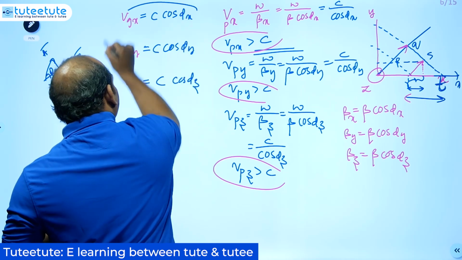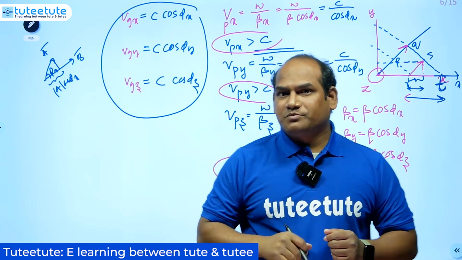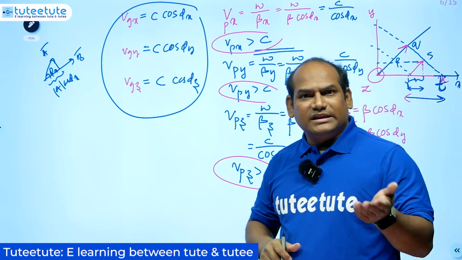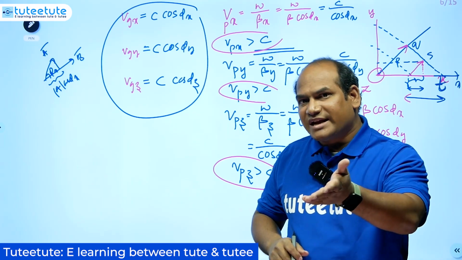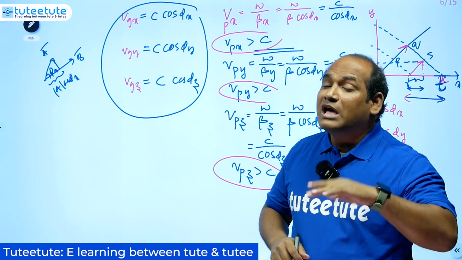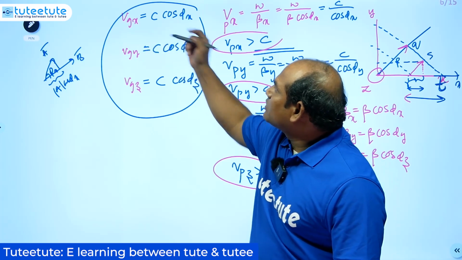So these are meaningful quantities, because we have taken the projection. The wave is not traveling in the x direction, it is traveling in some other direction, but we have taken the projection of that wave velocity on the x direction, that is Vgx, which is equal to C into cos phi x.